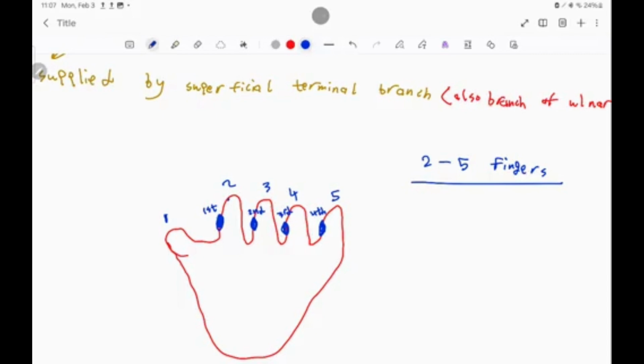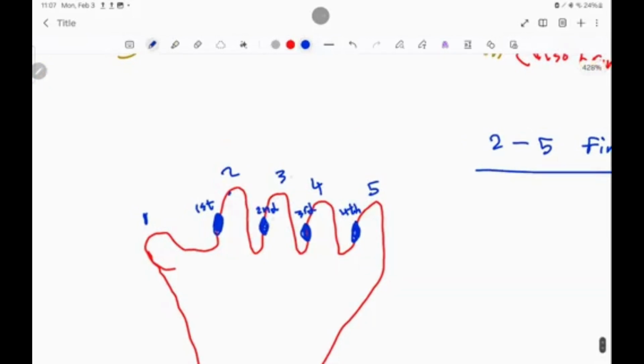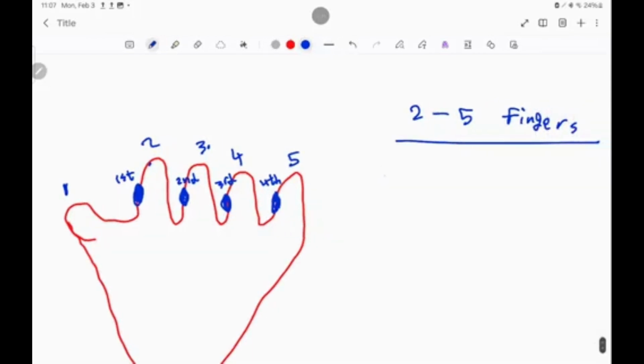Only the second to fifth fingers have lumbricals. So the first lumbrical corresponds to the second finger, the second to the third finger, the third to the fourth finger, and the fourth to the fifth finger. All of the lumbricals have the same function.